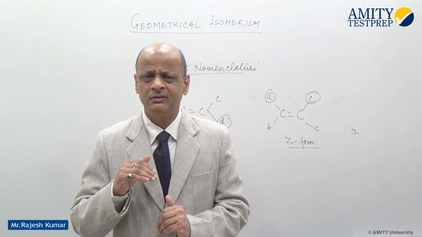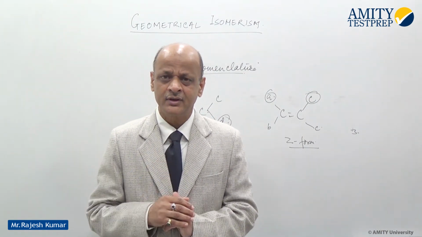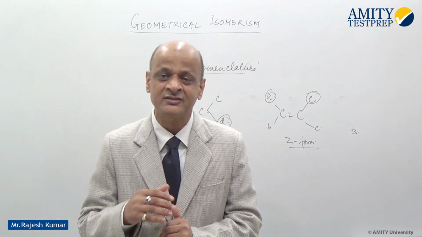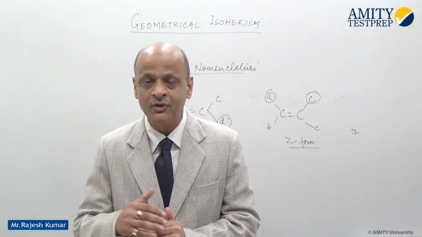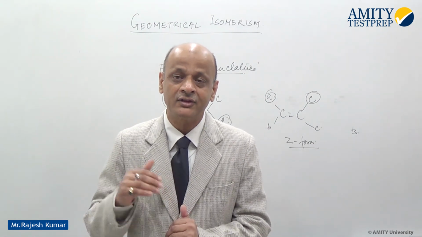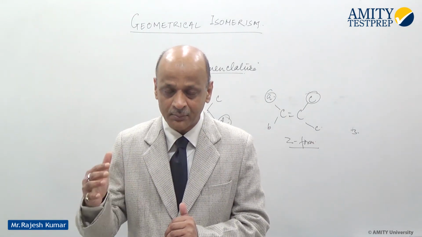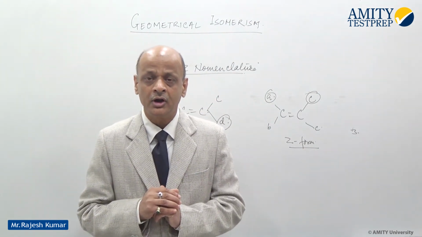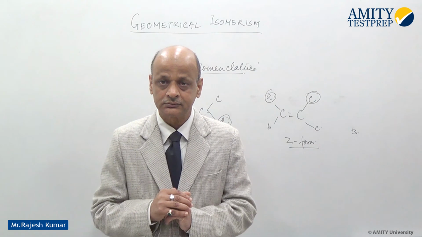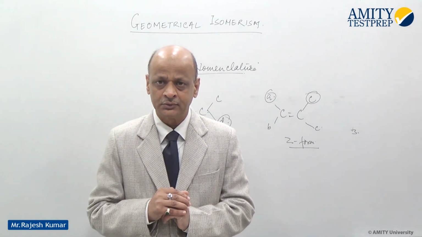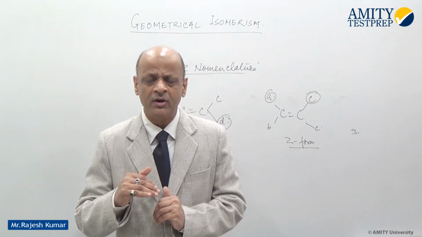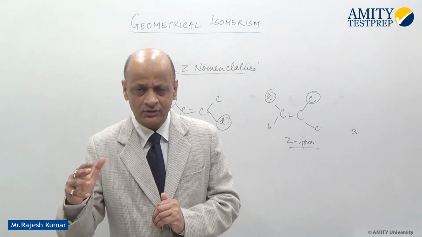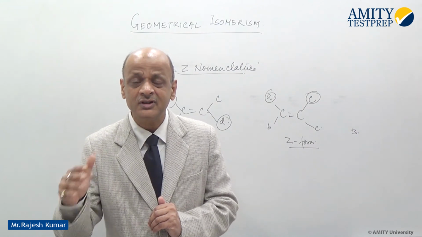If the preference is not decided by the first atom of the group, then we will consider the second atom, and subsequent atoms, to decide whether the group is of higher or lower priority. In case of double bond and triple bond, they are considered equivalent to two or three single bonds.